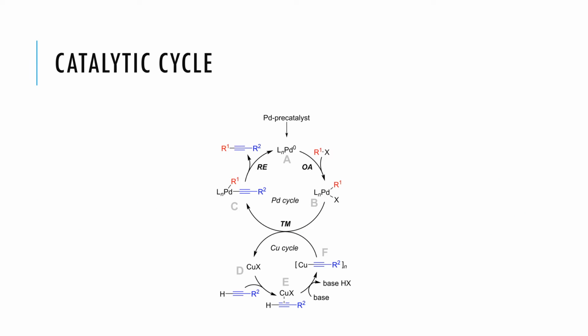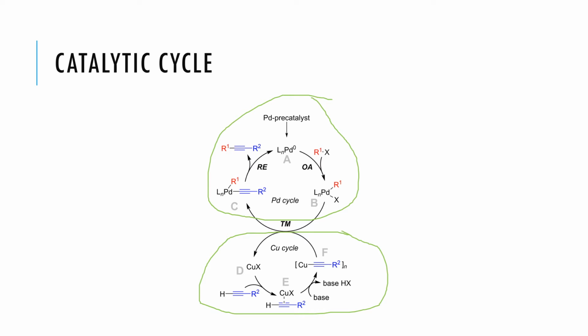So here are your two cycles. This first bit is your palladium cycle, and that interacts with this copper cycle almost like the cog of a wheel. You start off with the palladium pre-catalyst in the first step.